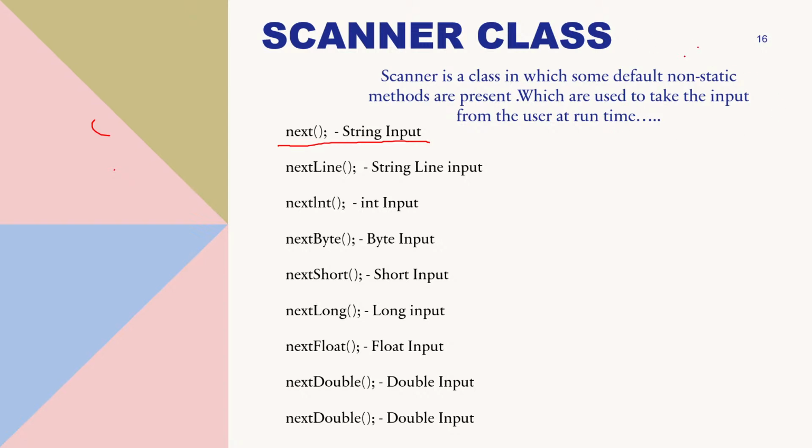Here, the next method will take string word input. It will take only one word, okay? The nextLine method will take one sentence.